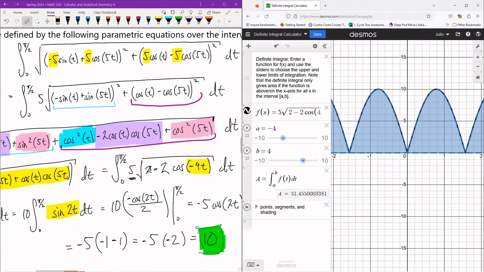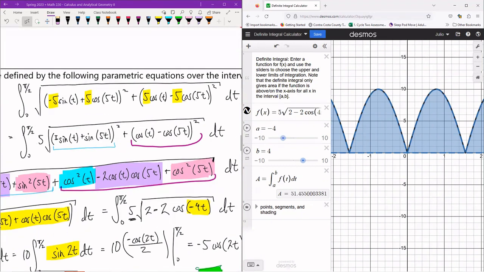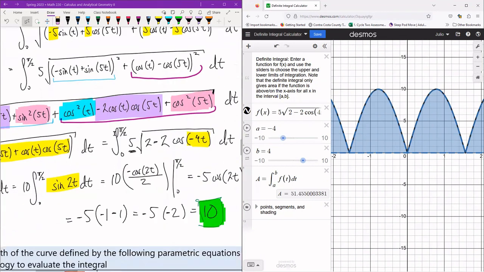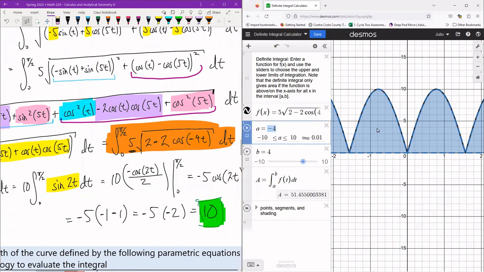Okay, and in particular, right? So basically, I put in this, no, not this one right here. I put in this one right here for our computation. Okay, and we want it from 0, so I'm going to do 0 to pi over 2.